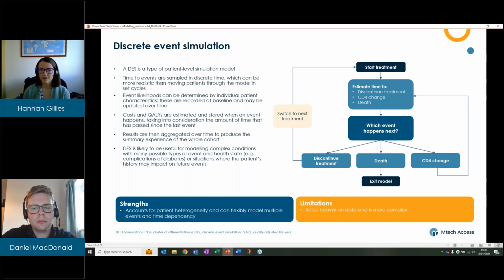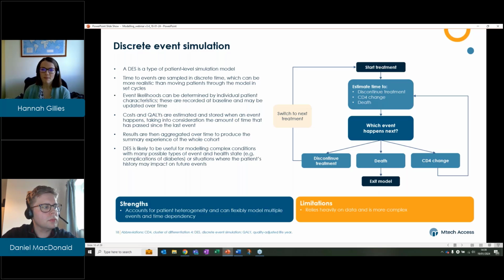This can be things like their age, other characteristics related to the disease, their gender. And then based on these characteristics for that one patient, the time to different events are estimated. This is usually based on regression equations. So these are predictive equations that take inputs such as the patient characteristics and predict an output based on those characteristics.